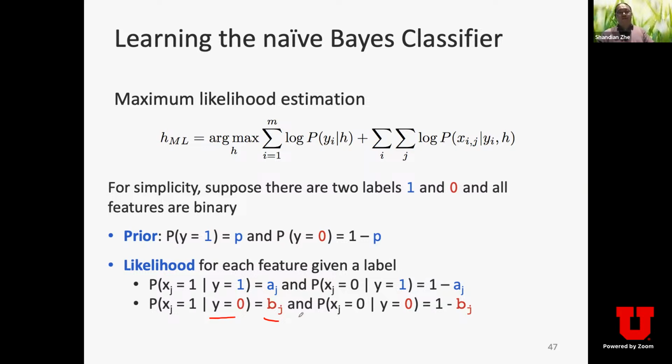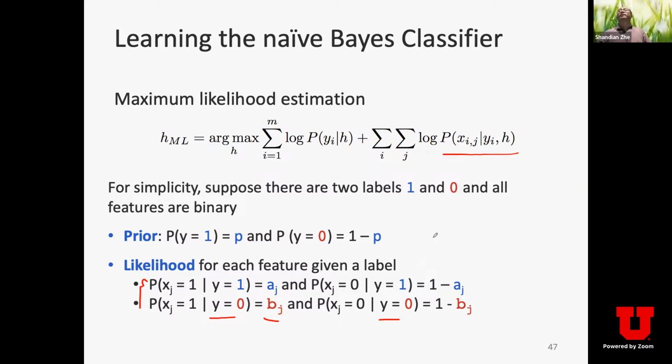And naturally, the probability that xj is 0 given y is 0 is 1 minus bj. So you can see that in this particular case, a binary label, to determine this likelihood model we actually have 2 parameters, aj and bj. Does it make sense?